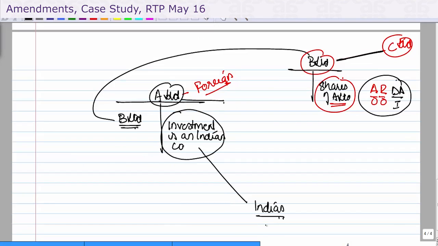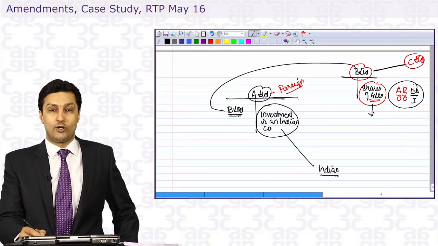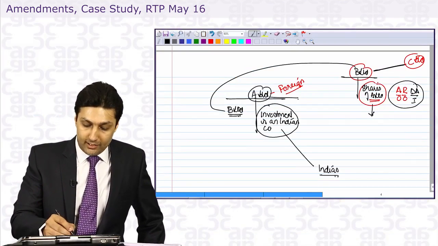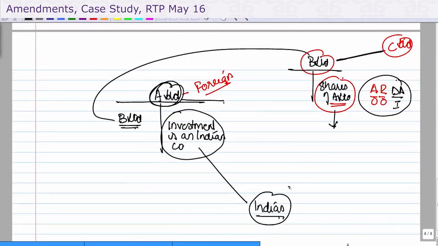So whether this transaction will be taxable in India or not will depend upon whether the shares of A Limited substantially derive its value from assets in India.